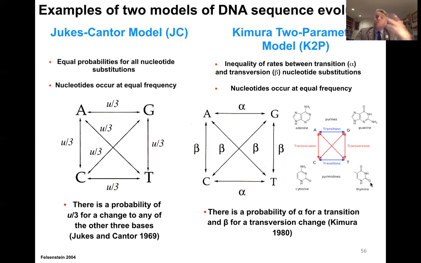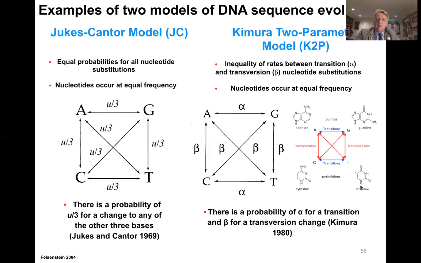Now, if we look at how DNA sequences evolve, what we see is that there's a higher rate of substitutions within chemical classes, meaning that purines tend to change to other purines, pyrimidines tend to change to other pyrimidines.